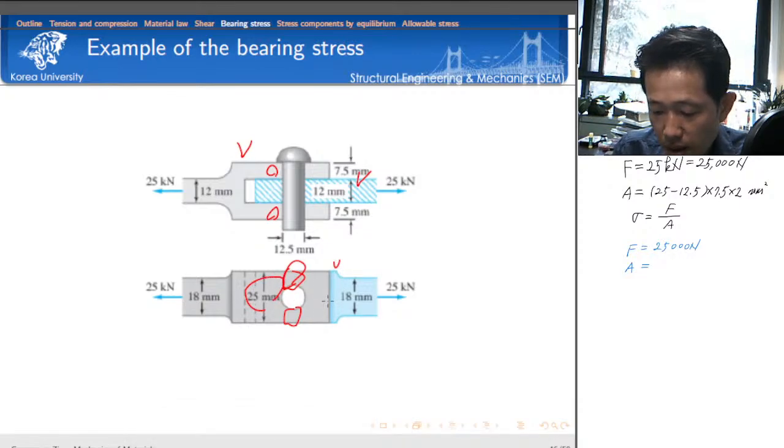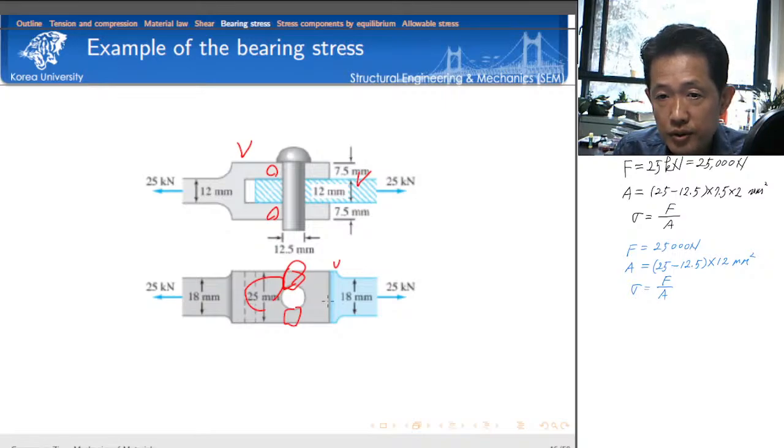The same width, 25 millimeters minus bolt hole, the rivet hole, what I mean. And then thickness is 12 millimeters. And then that's how here we can calculate the tensile stress. It's easy, right?